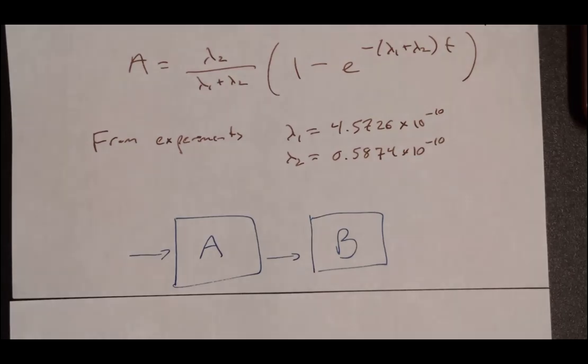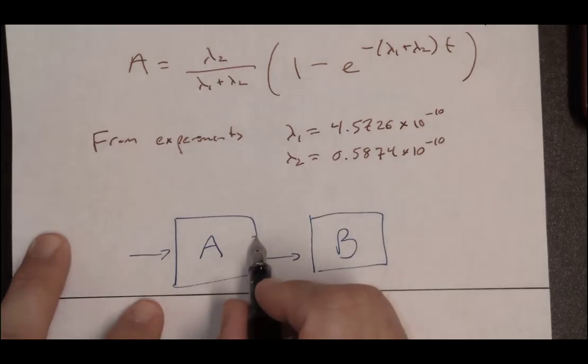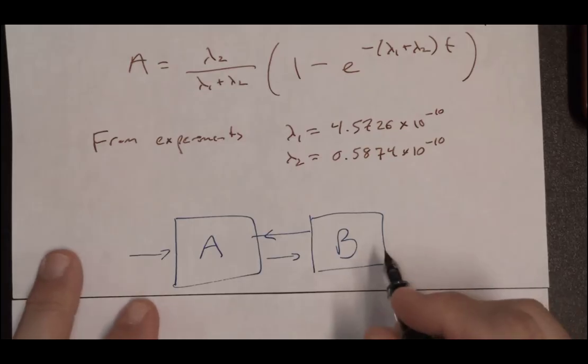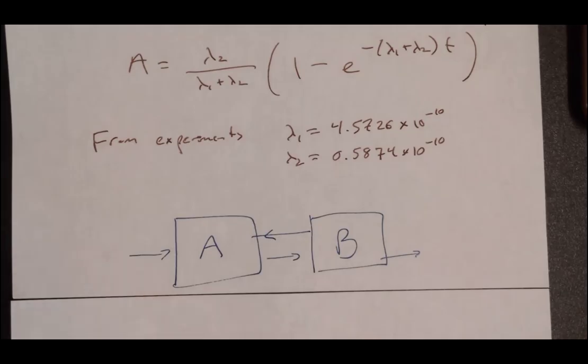But wait, there's more. There are two hoses. Stuff goes into tank A, and then tank A and B go back and forth with each other, and then stuff comes out of tank B. So I still have fluid in and fluid out, but I also have some mixing going on.